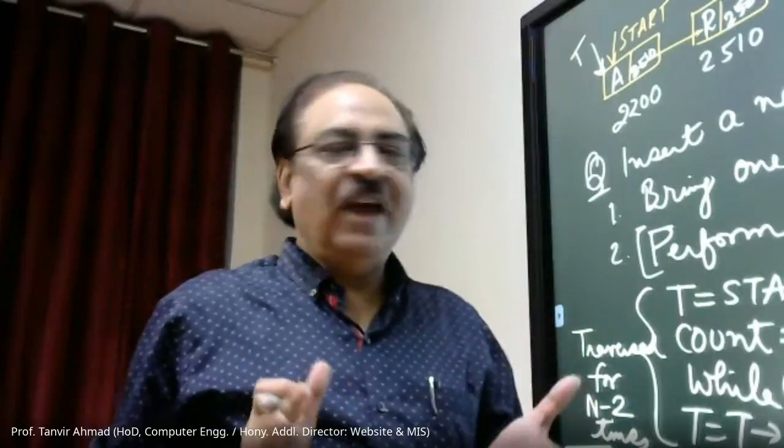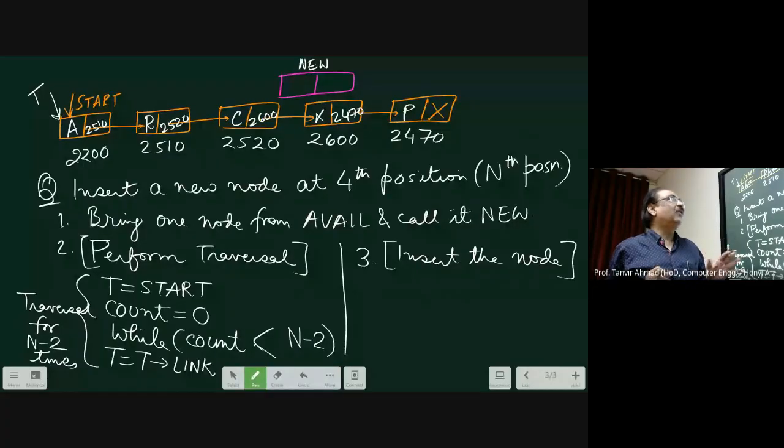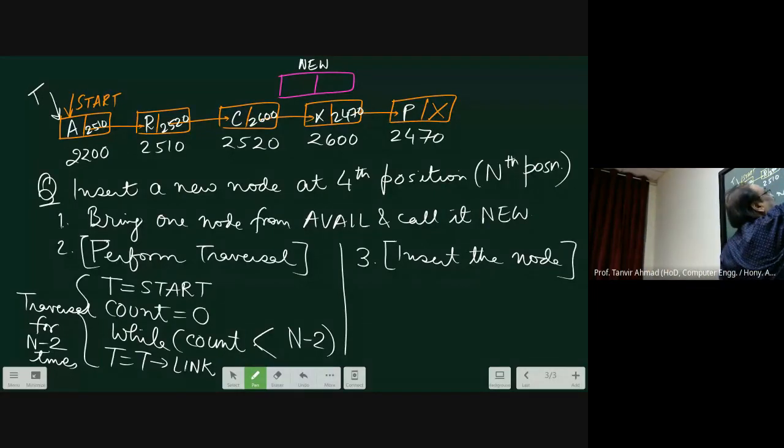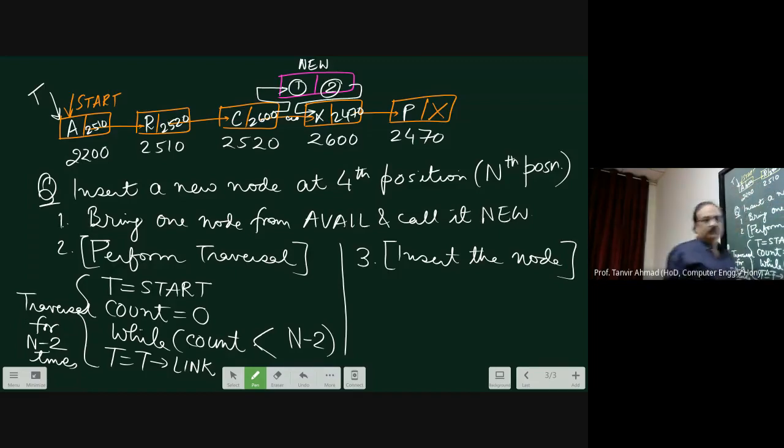Suppose what I have to do is first fill 1, then you will do 2, and then you will break this one, and then you will do like this. This is what is required. You break the link from C to X, and then you join the new node. Now here you have to be a little cautious.